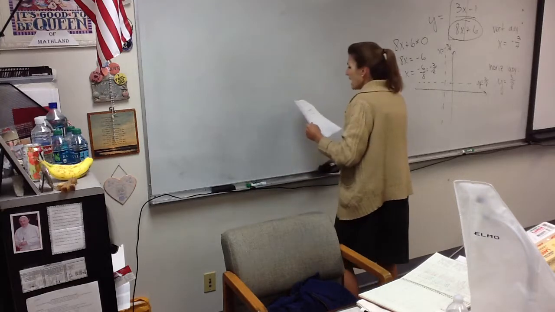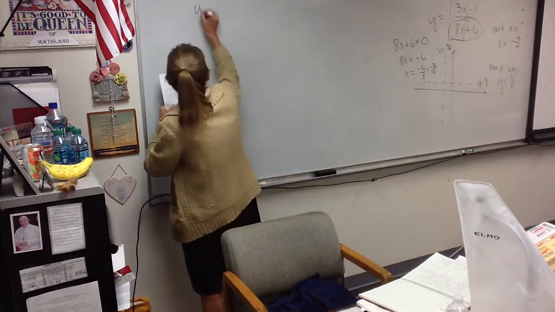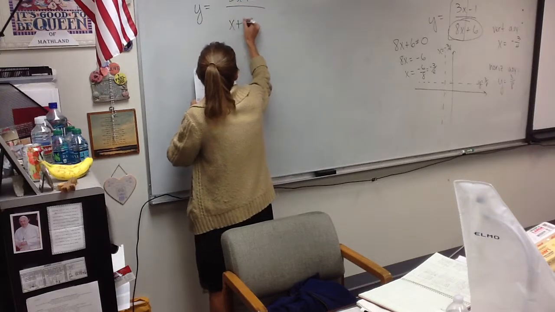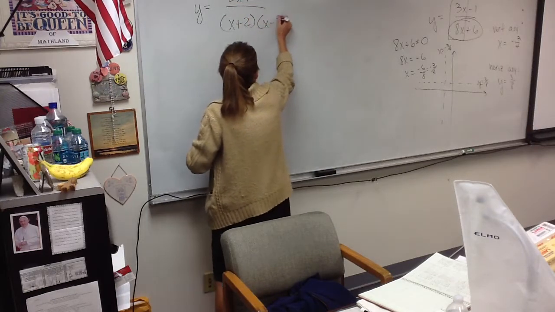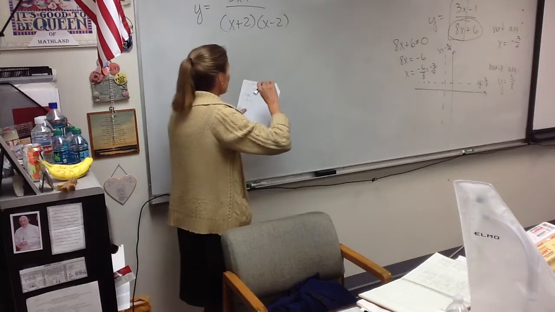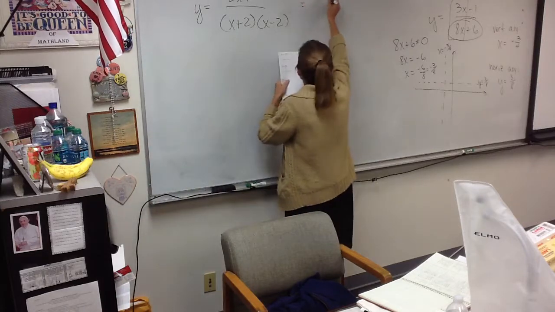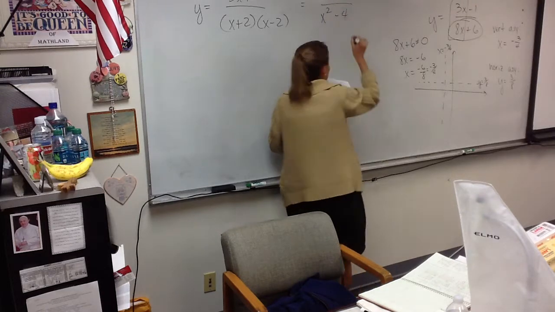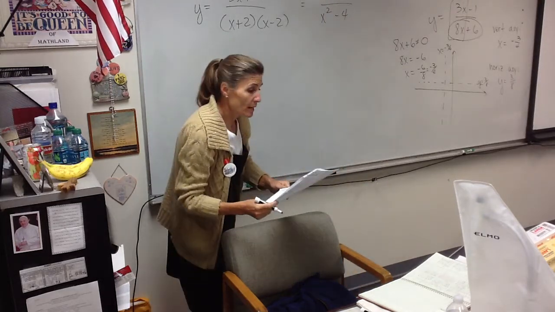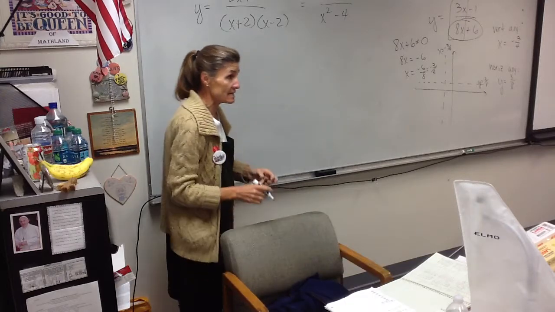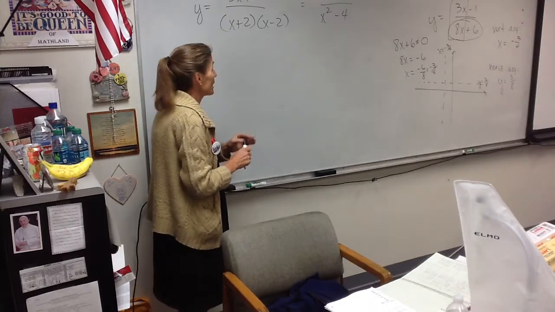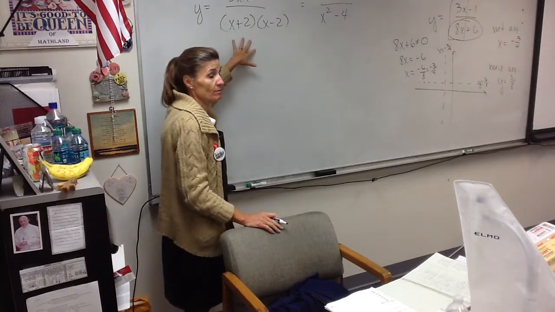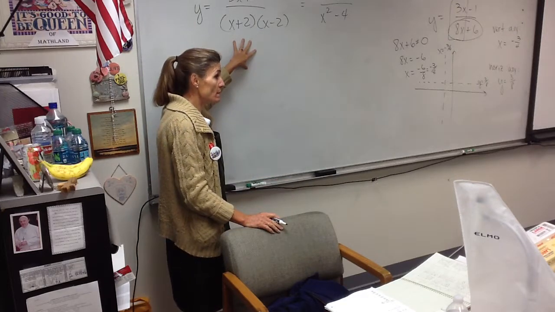Okay, now things are tricky, so I really need you paying attention. When I wrote down problem E, I went ahead and factored the denominator. I always want to factor.